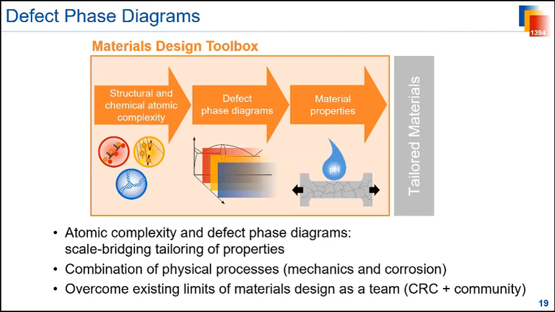So this will importantly allow us also to combine different physical processes from their joint origin at the atomic scale, and for this we've chosen to consider mechanics and corrosion, and to consider them as concurrent processes.